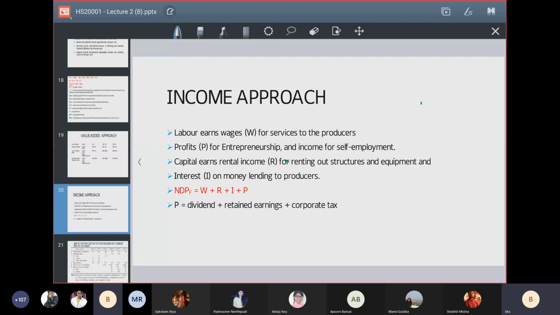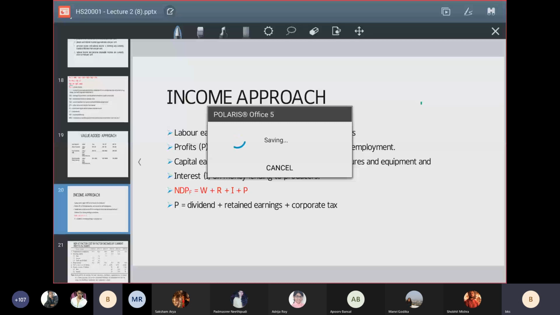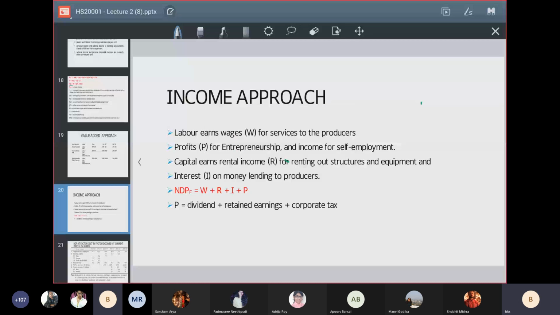Say you have a tea stall, and in that tea stall the labor is of that person, and the money being spent on that is his own or her own, and the capital or the house, the small building they are using to have this tea shop, is of his or her own.